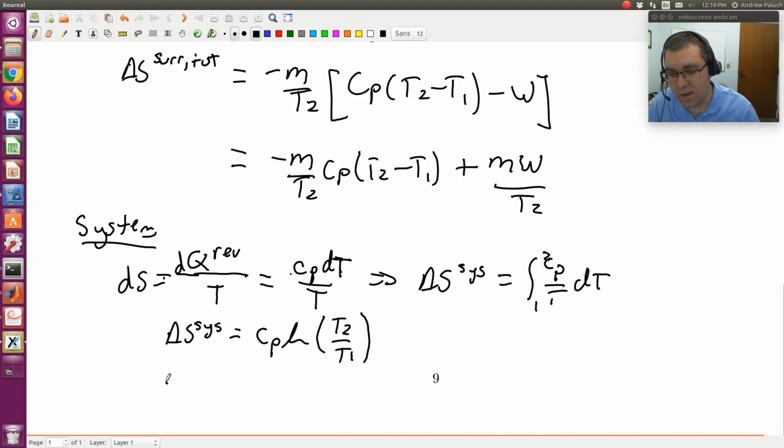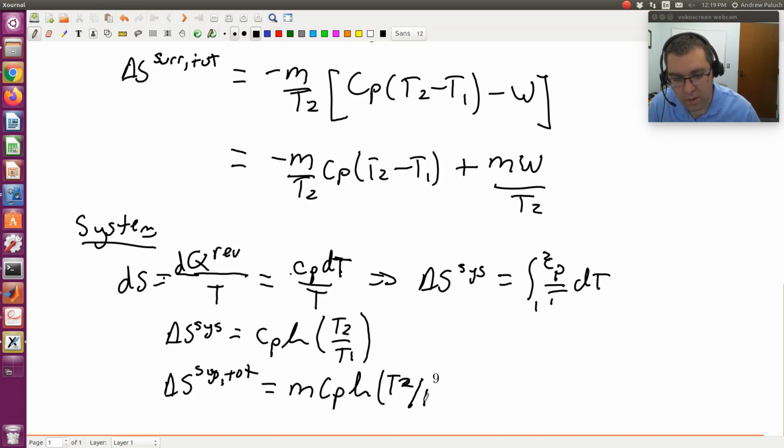And if I want the extensive value, that's delta S of my system total is equal to mCp log T2 divided by T1.